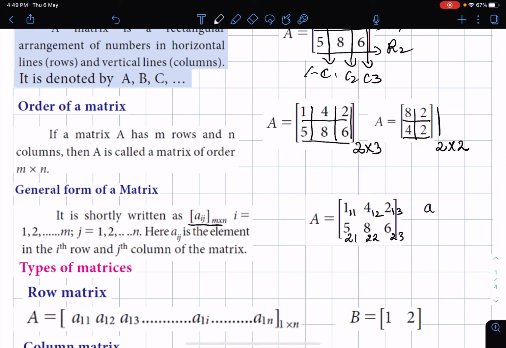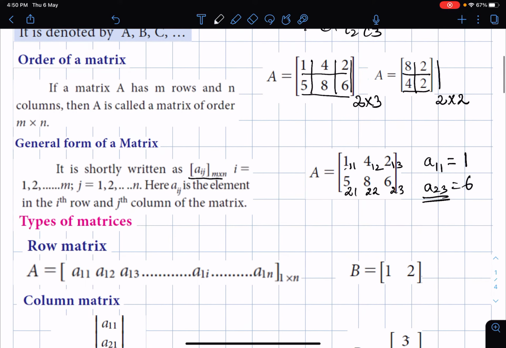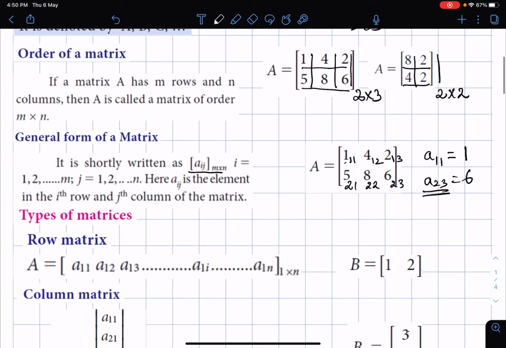So if you want to know the element A11, first row, first column, it is going to be 1. Similarly A23, second row, third column, it is going to be 6. So this is how we generally denote the matrix, how we find out where the element is, in which row and which column.